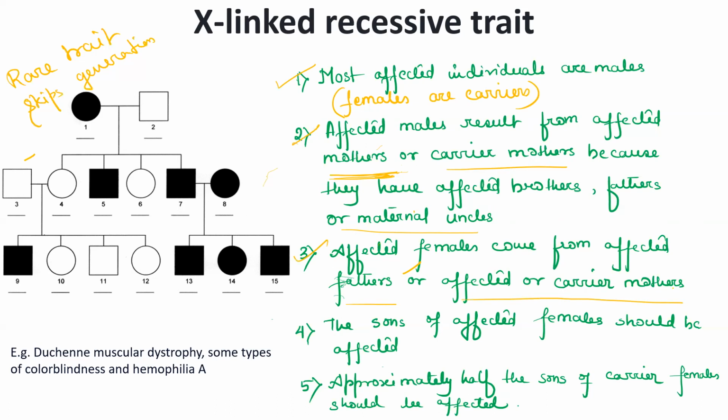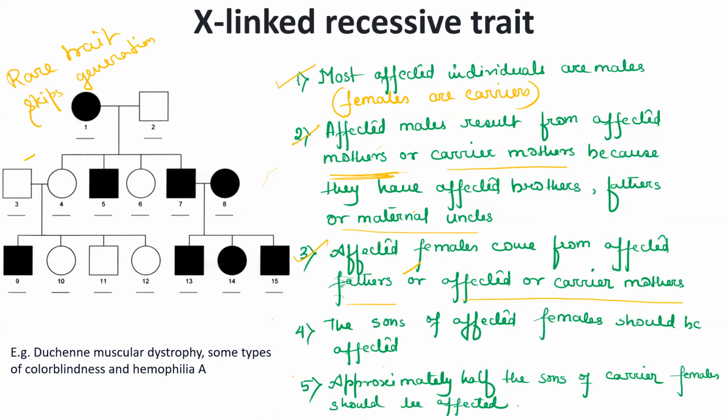The father has no other option than to give the affected X to the daughter. And the mother, even if she is a carrier or she is an affected individual, in both conditions she has the potential to give the affected X, the trait-carrying chromosome, to the daughter.